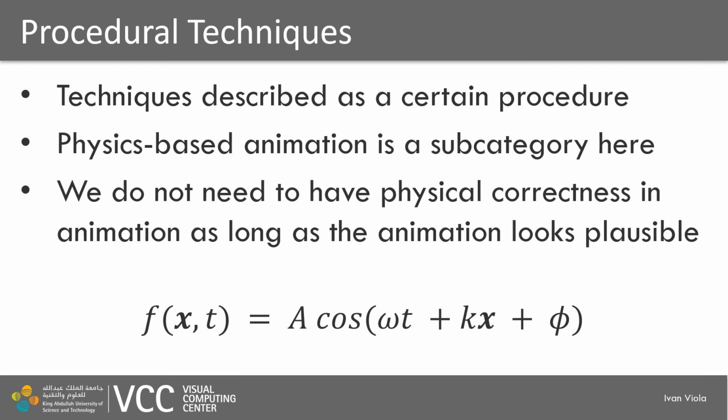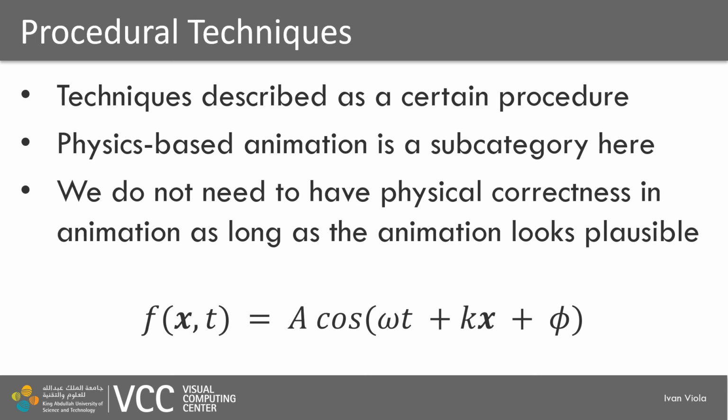And physics-based animation can be considered as a special case of the so-called procedural methods, where we are performing a certain function, certain set of equations which are governing our motion.